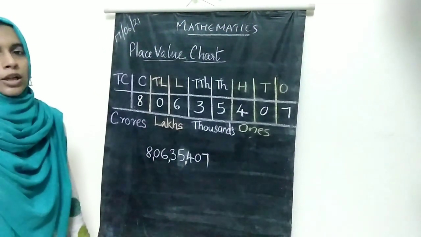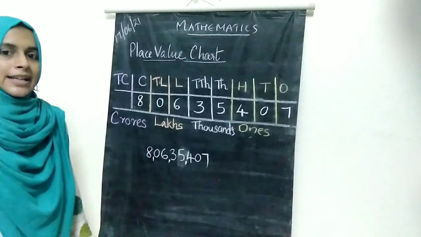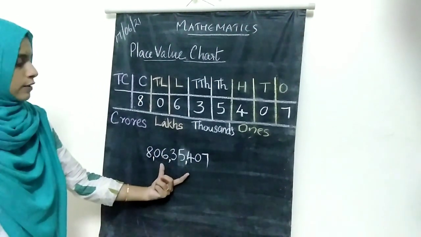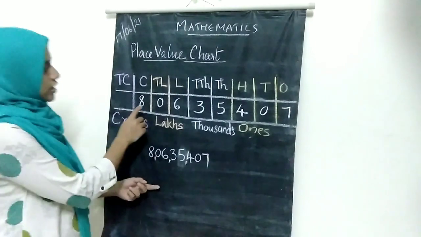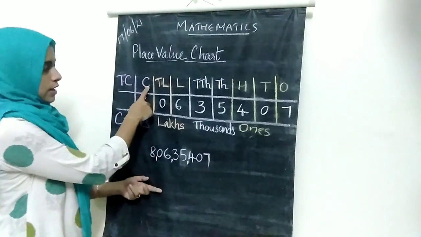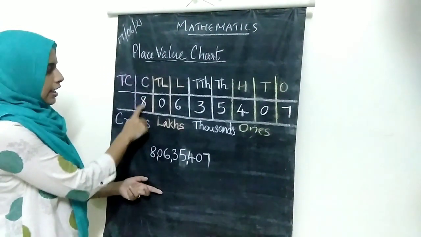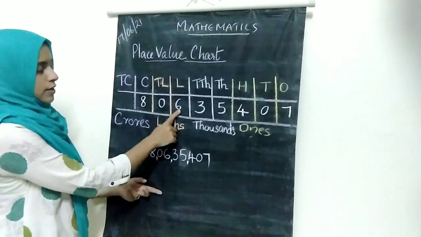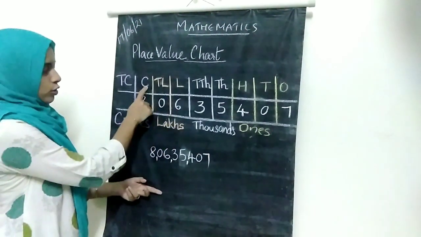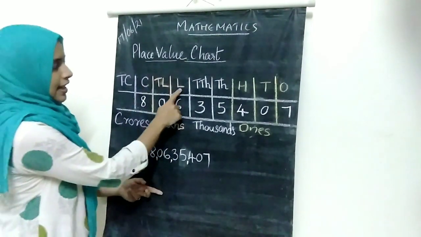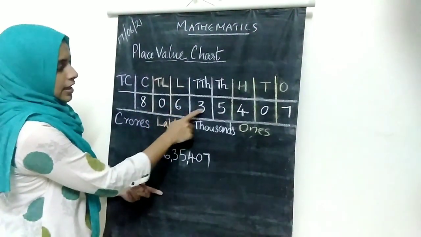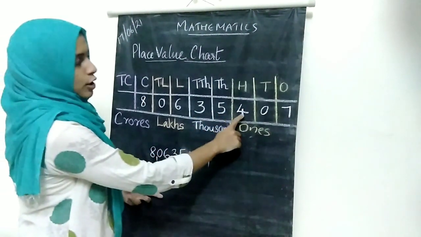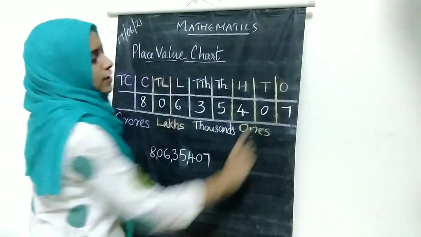Now, the second part of the question is to write the number name of this number. So, how will we write the number name? You can just check the place value chart. Here, 8 crore. Then there is no 10 lakh. So, we can read 8 crore 6 lakh 35,407.